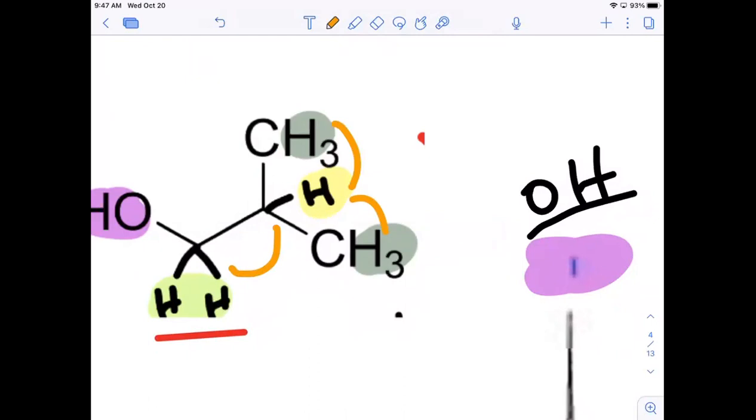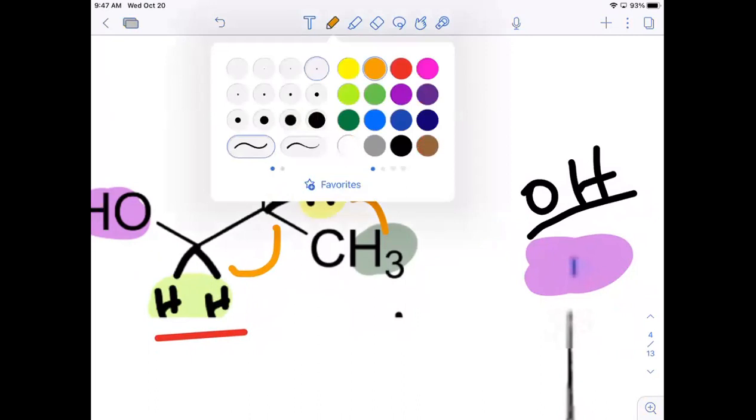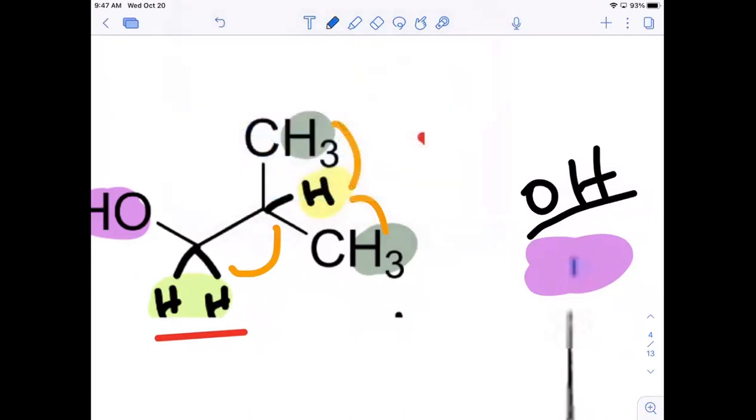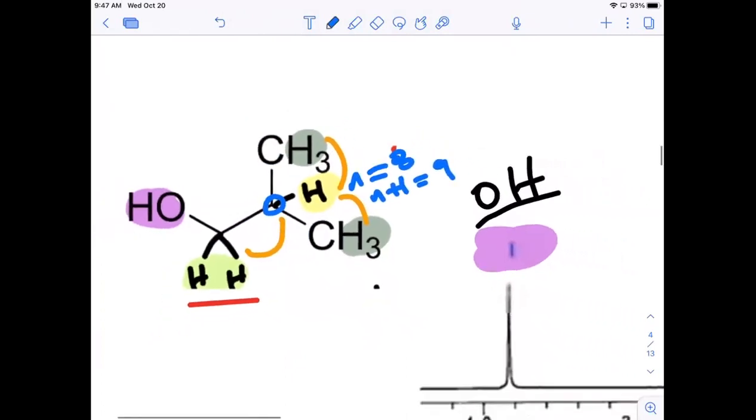That hydrogen is on this carbon right here, so the carbon next door has 3 hydrogens on it, the one here has 3 hydrogens on it, and the other neighbor has 2 hydrogens. So that's a total of 8 neighbors. So for that, N is going to be 8. N+1 is going to be 9.